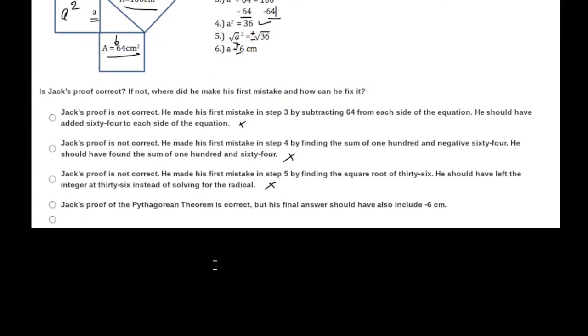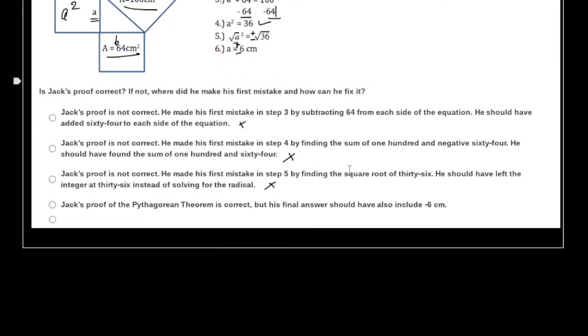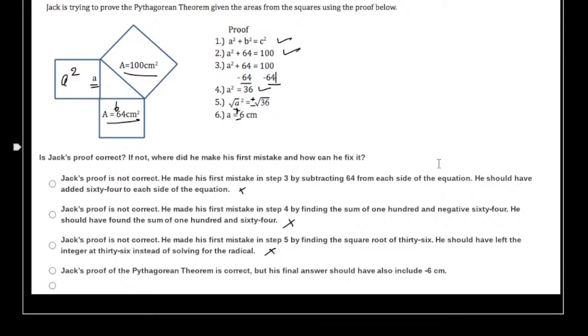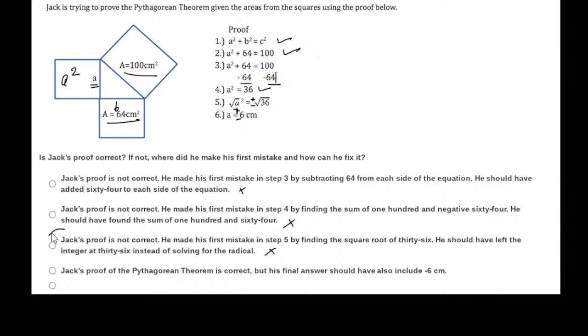And the last option given is: Jack's proof of the Pythagorean theorem is correct, but his final answer should have also included minus 6 centimeter. Now here there is some problem I have, that I can consider this option as correct or this option as correct.